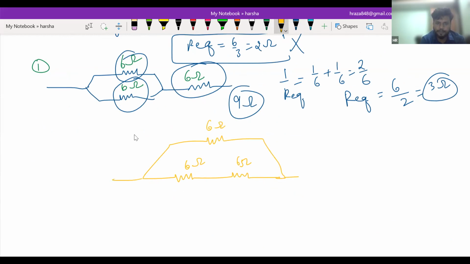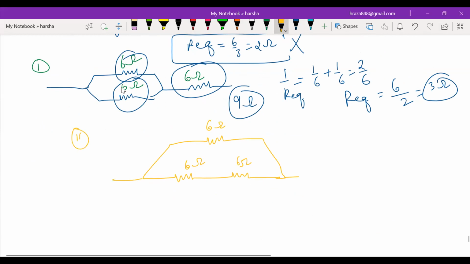Please solve it. This is the second. Sir, 4 ohm.